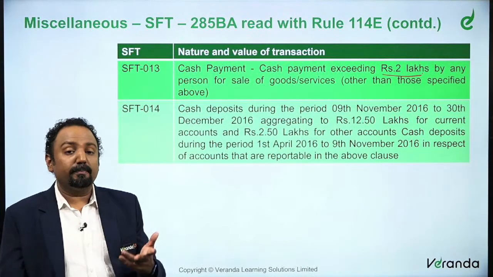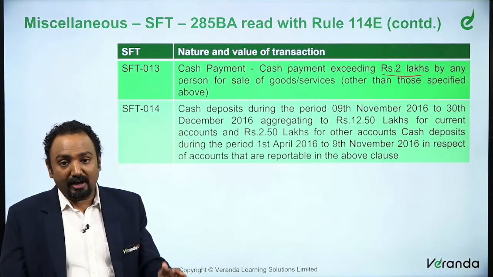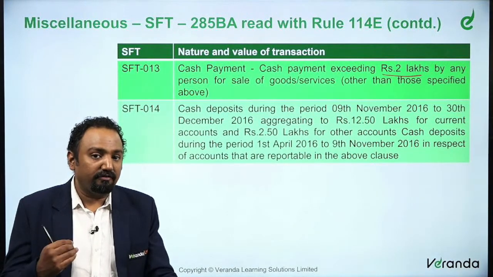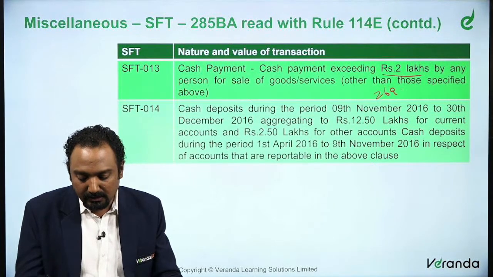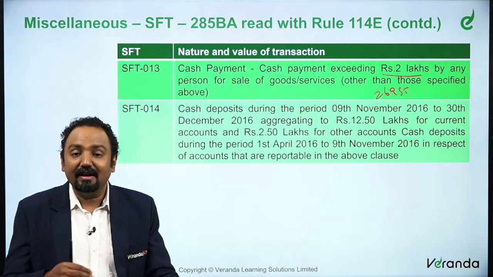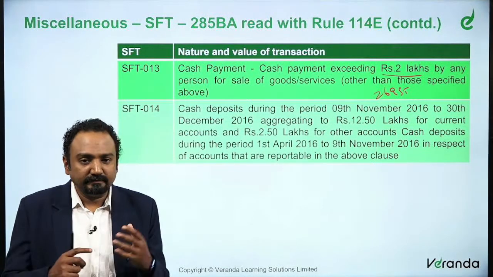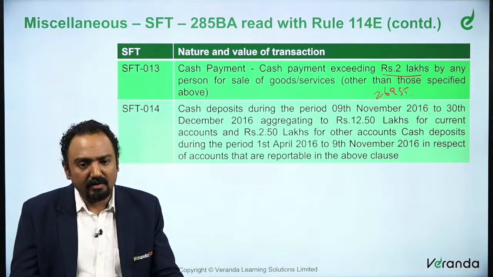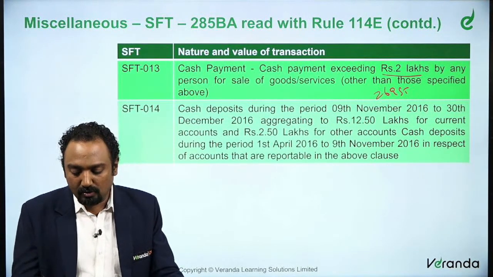If you are paying more than 2 lakhs by cash to any person, you could link it to the section we already saw, 269ST, where we said if an organization or a person is receiving more than 2 lakhs from a person in a day, in a single transaction or for one event, a penalty could be levied and the entire amount can also be disallowed.